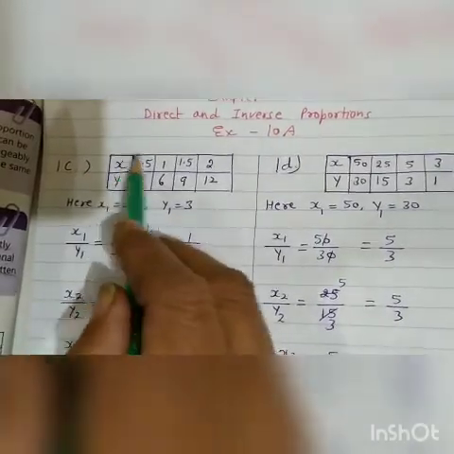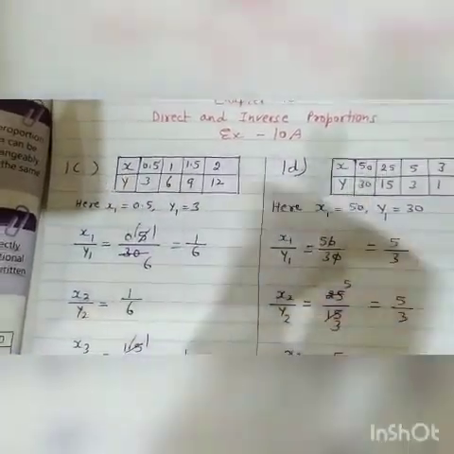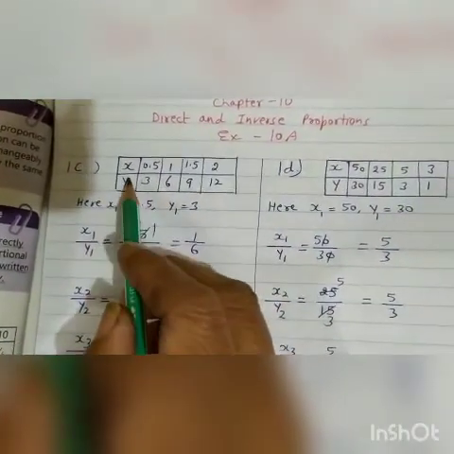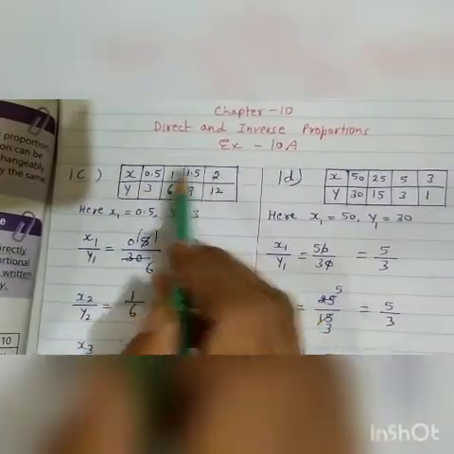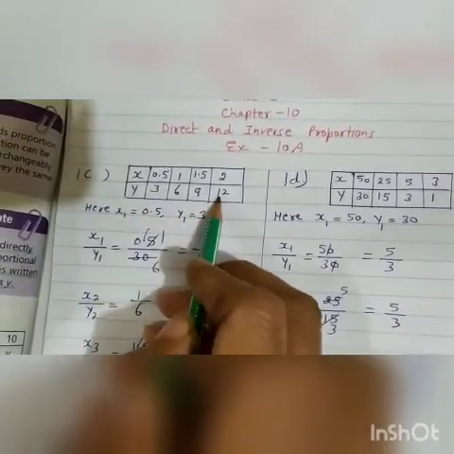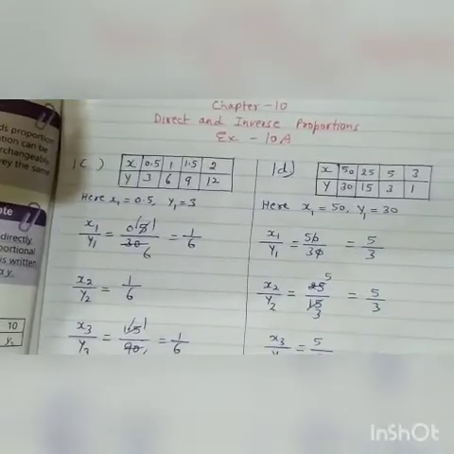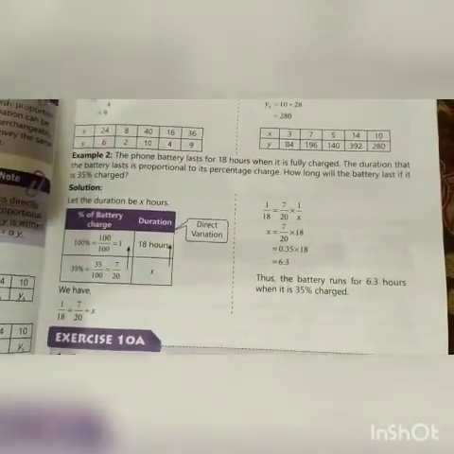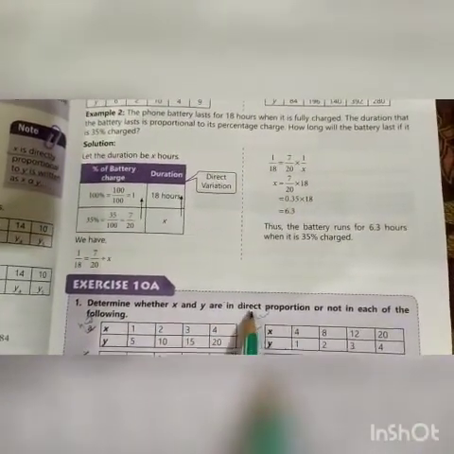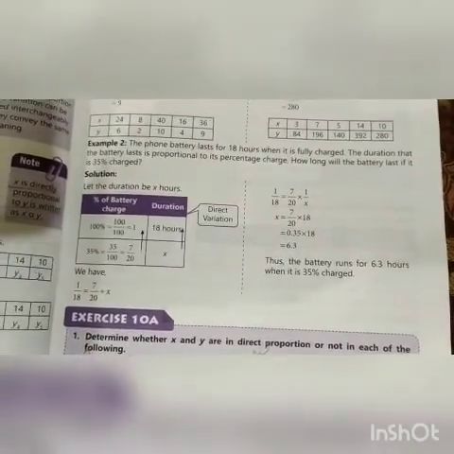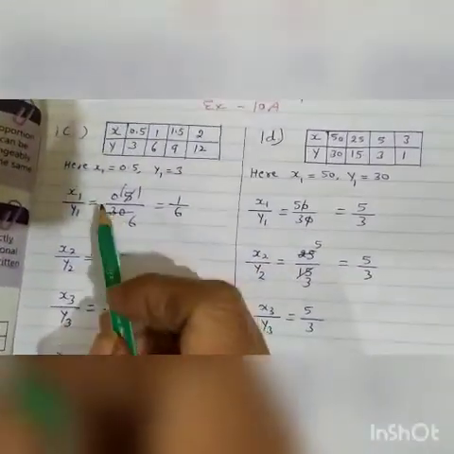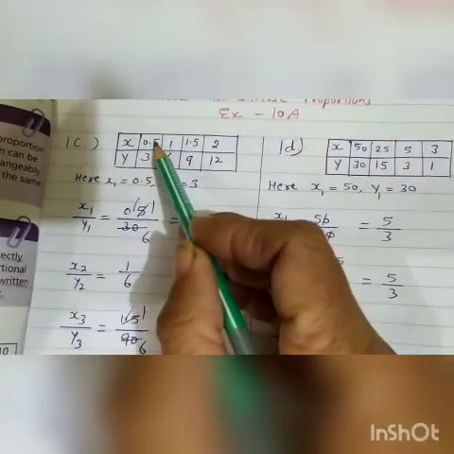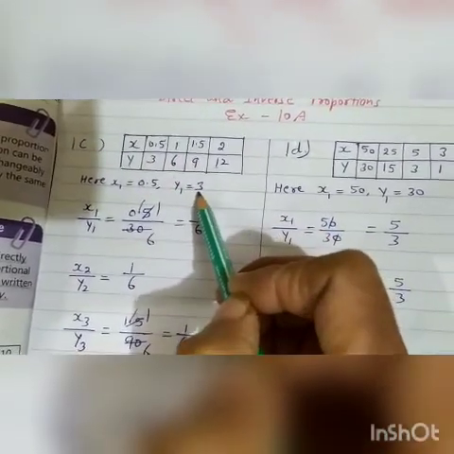First the C question is, this is the table given. Here there are 4 values of x and 4 values of y, and we have to check whether x and y are in direct proportion or not. See here, value of x1 is 0.5 and y1 is 3.